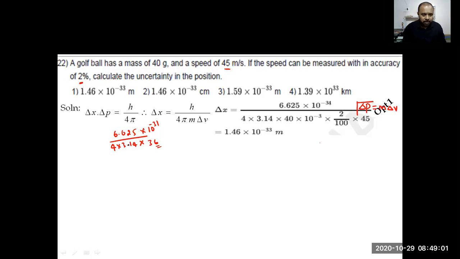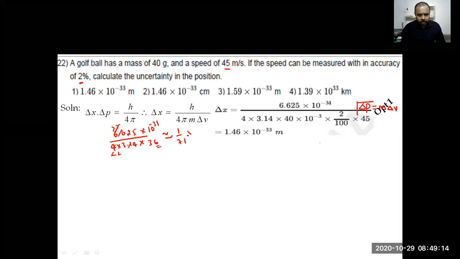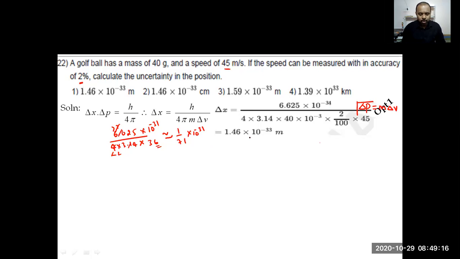Okay, it is approximately slightly greater than 2, slightly less than 2, and it will be 71, 1 by 71 into 10 raised to minus. 1 by 71 is 0.014, correct?